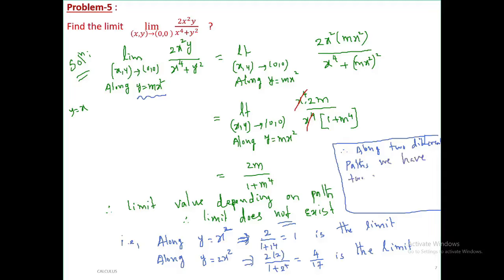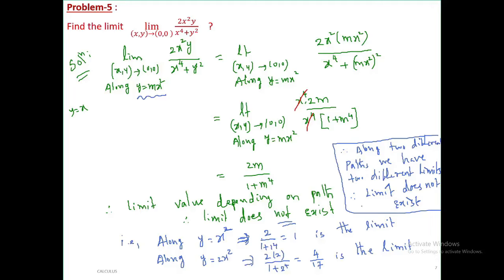Therefore the limit does not exist. Two different limits. So therefore the limit does not exist. That's it.